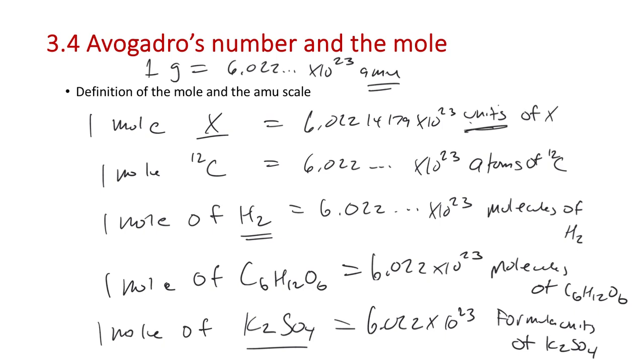So I have that many units of K2SO4. So kind of circling back, units at the start was kind of confusing on what we would mean by units of X. Units is often a molecule if we're dealing with molecular compounds, or it could be atoms if we're dealing with an atomic sample, or it could be the formula unit if we're dealing with an ionic compound.